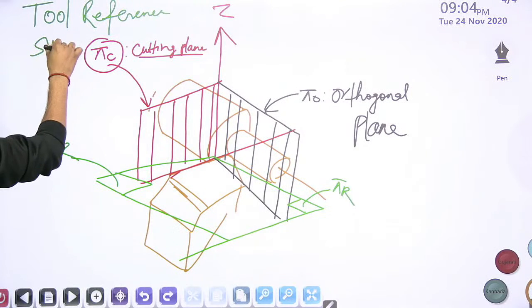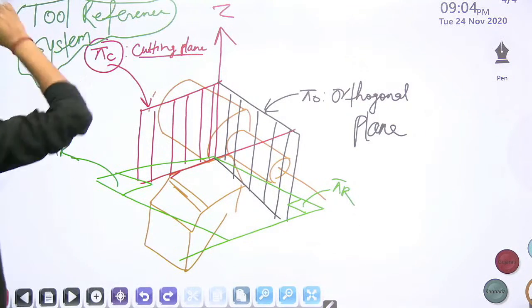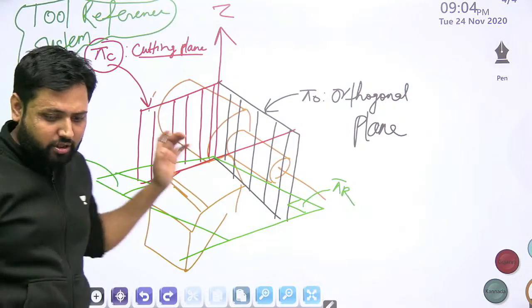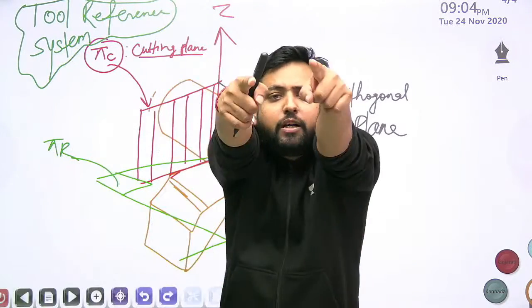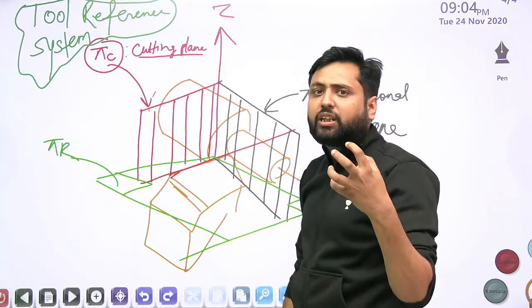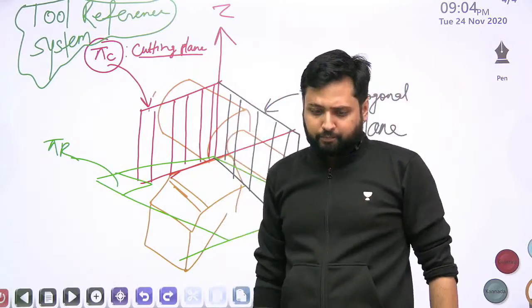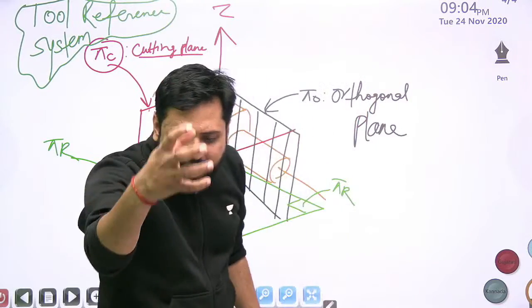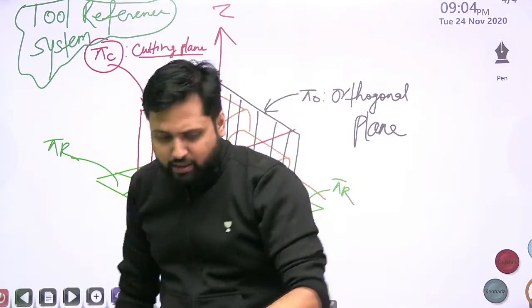Now, my dear students, from all of you I need one answer in the chat box: for the force analysis, will you use the ASA tool signature angles or the ORS tool signature angles? Tell me, dear students, in the chat box.